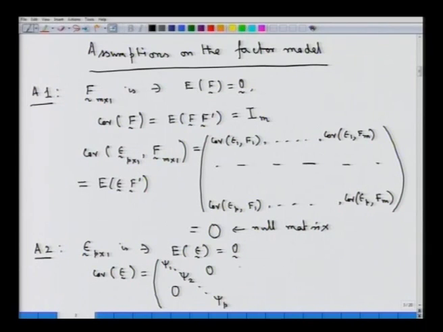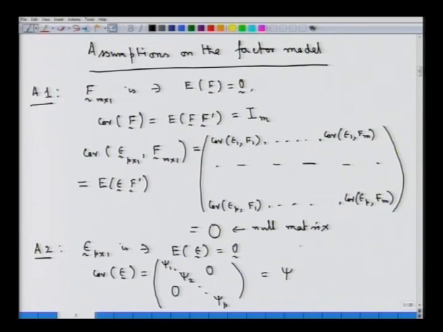These are all 0 elements off the diagonal. Without loss of generality, we denote that matrix as psi, right. So, we assume that epsilon has this diagonal structure of its covariance matrix.